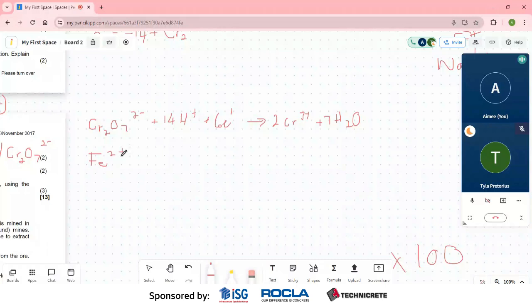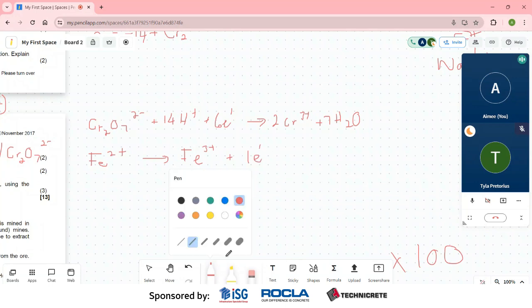Fe2 positive goes to Fe3 positive plus 1 electron.